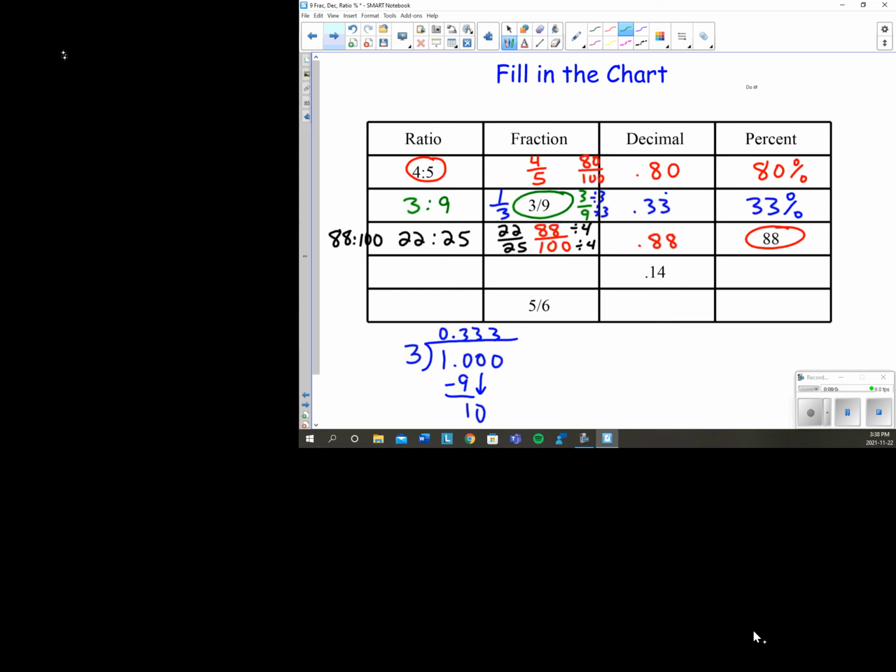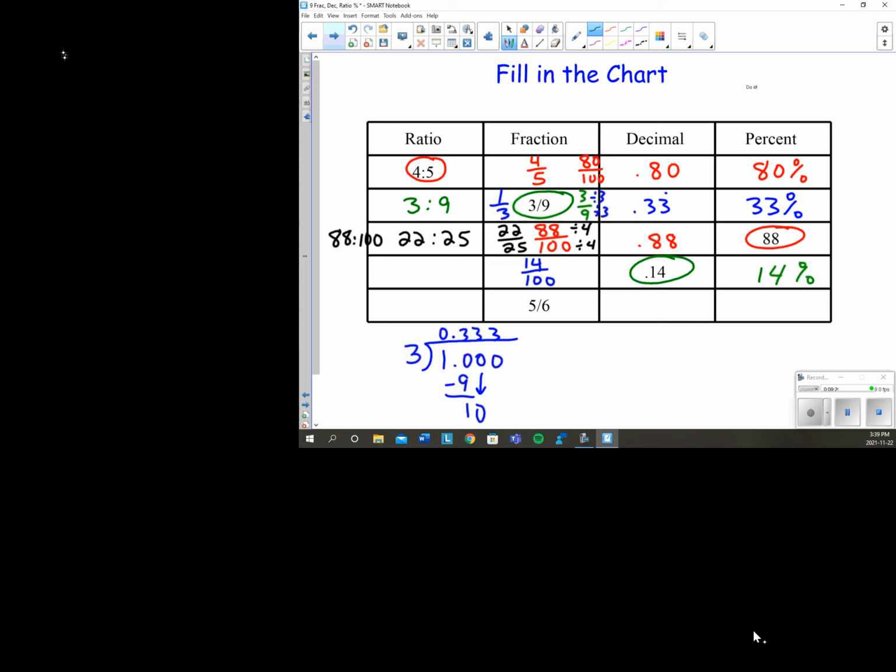Now, what if we're given a decimal? Well, remember, going from a decimal to a percentage is the easiest. I just move the decimal over 2 places to the right. So 0.14 as a decimal is 14%. Remember that 14% is out of 100, so 14 out of 100 is our fraction. They're both even, so I can cut them in half. I can divide it by 2.